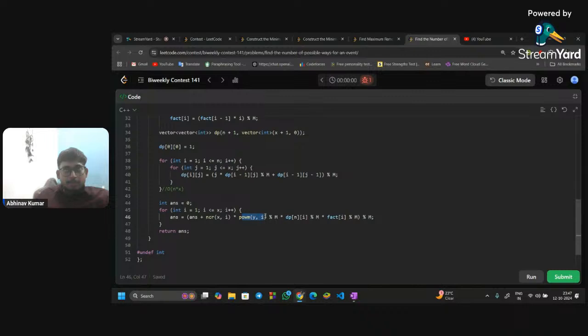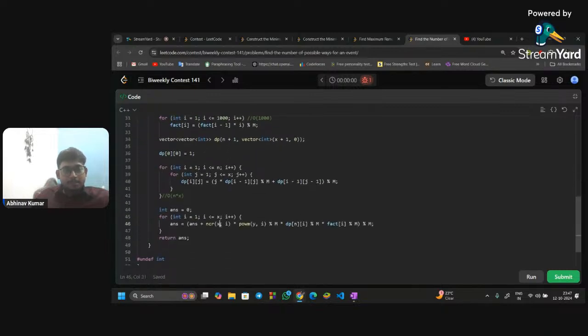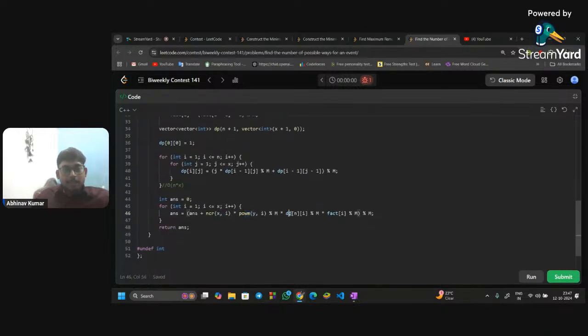This binary exponentiation again takes log n time, or log i time, you can say. Again for nCr also, it's taking log n time. So log n, log i, and then order of 1, order of 1, overall x times. So this is basically order of x into log n.